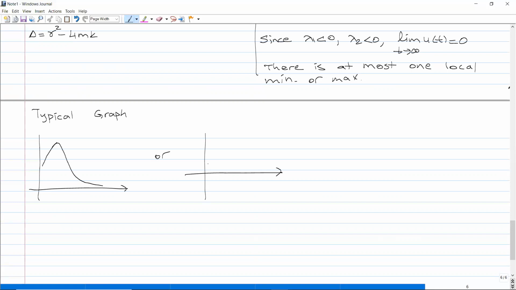Of course, it may be like this. Maybe movement in the other direction, it reaches the minimum, and then it approaches the equilibrium position.